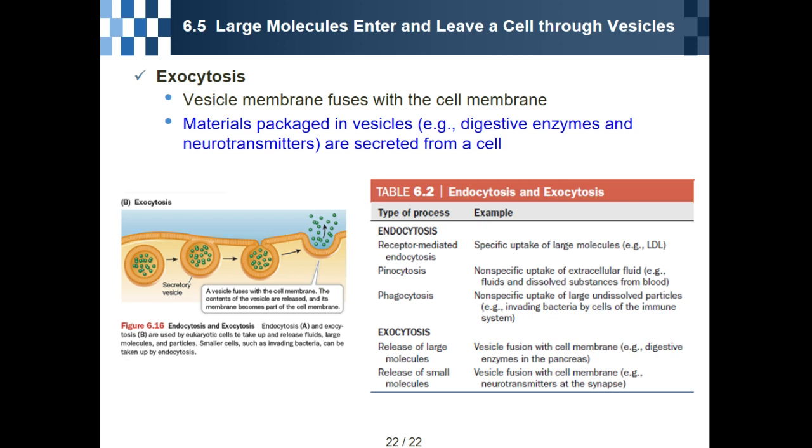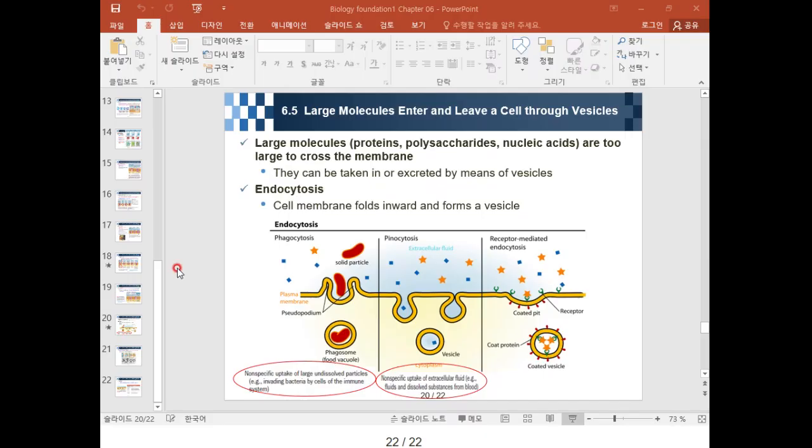Pino, non-specific, extracellular fluid. Receptor-mediated, specific. In exocytosis, they can release large molecules, and also small molecules. Okay. So today we finish Chapter 6.